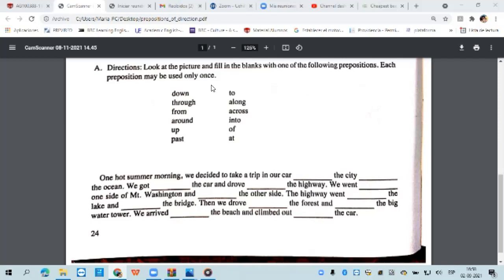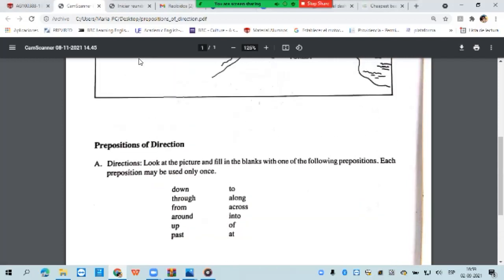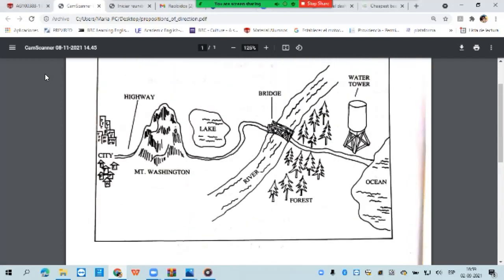Okay, 50% correct. If you look at the picture, this is the city, and this is the ocean. So this is the starting point, and this is the arrival.